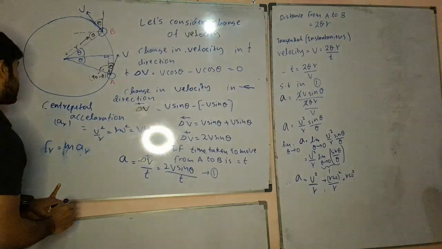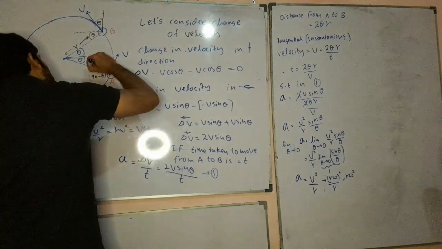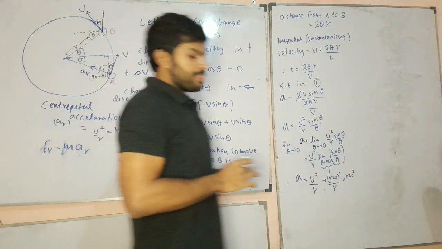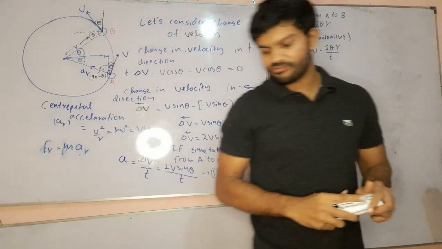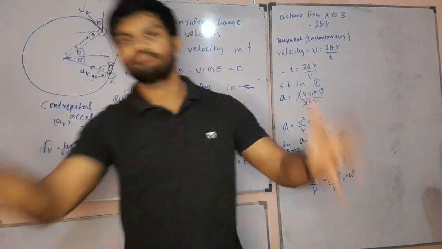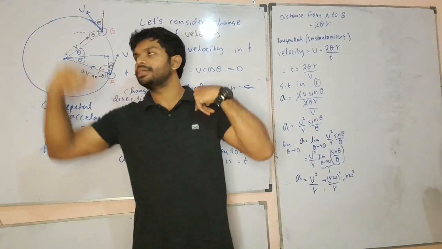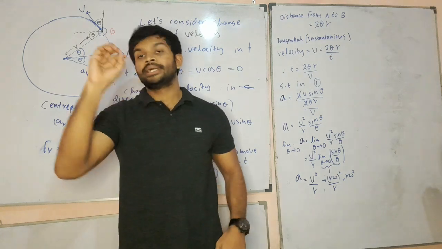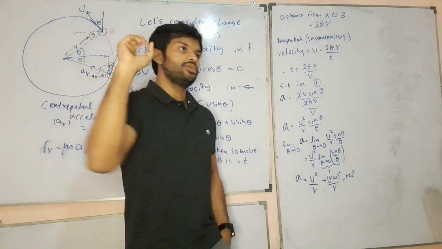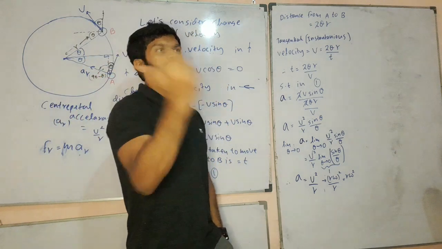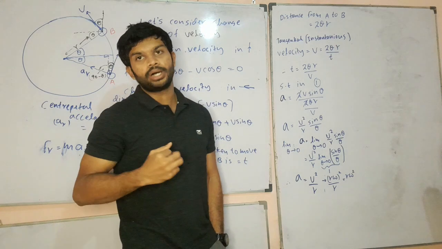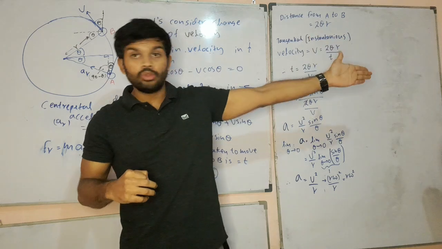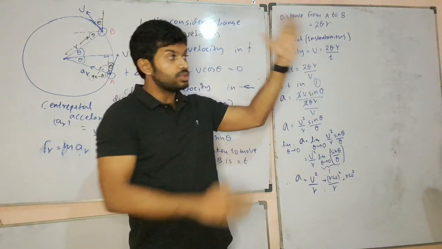The final conclusion is: in order to move any object, you, me, everything in this universe, along a circular path, a force is always required along the radius towards the center.